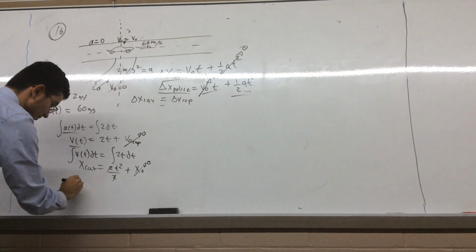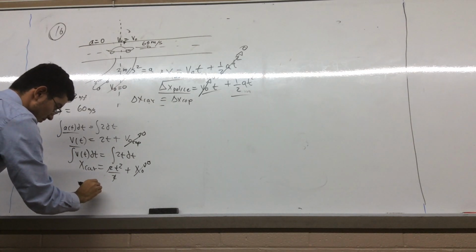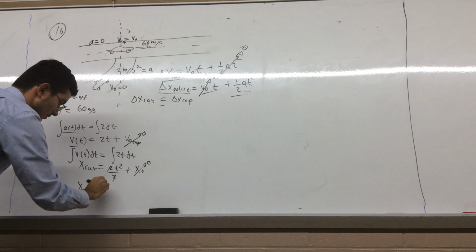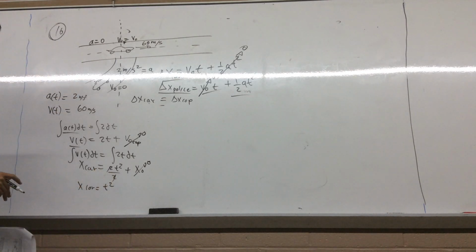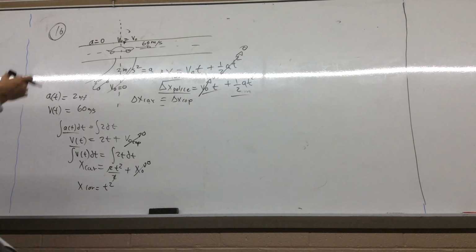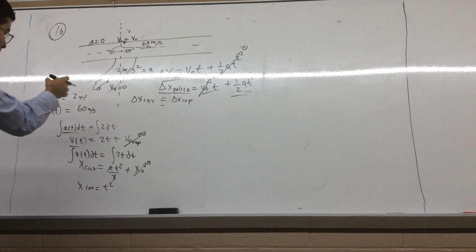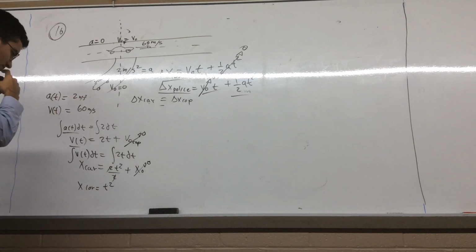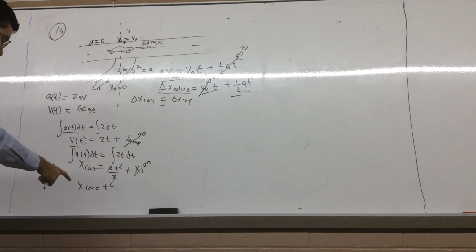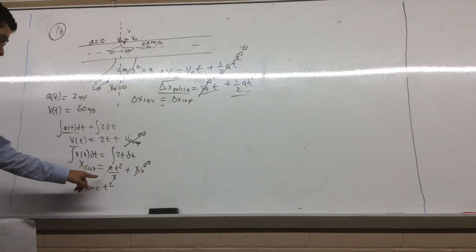Now we know that the position of the cop is equal to t squared. Oh, I'm sorry, this is supposed to be for the cop. Yeah, this is the cop.